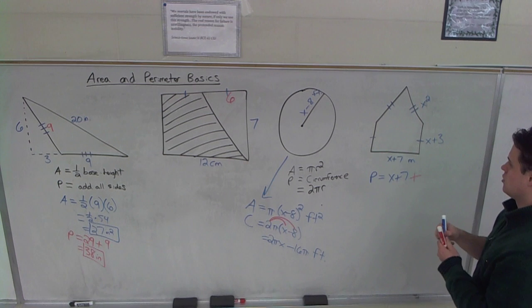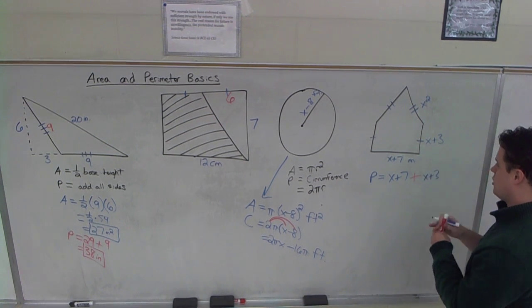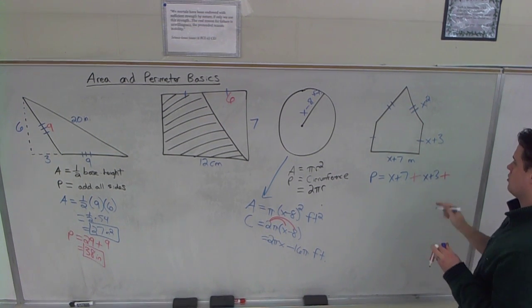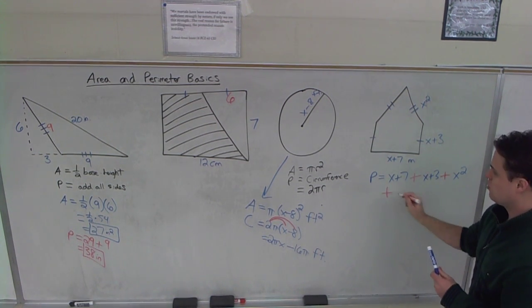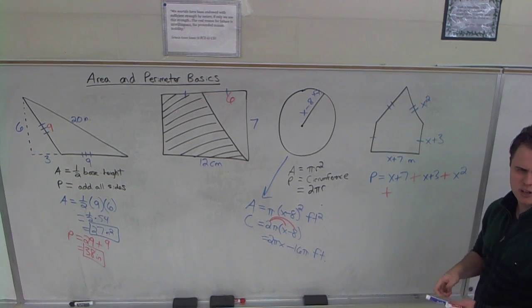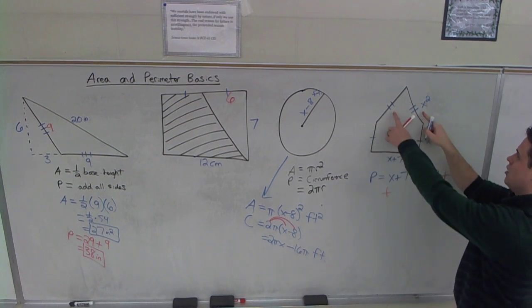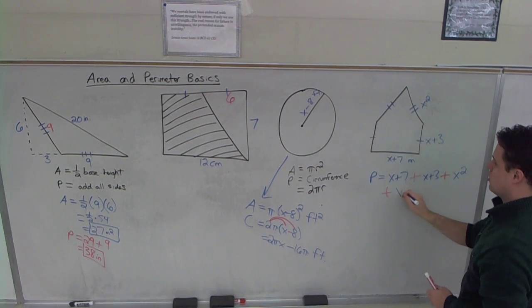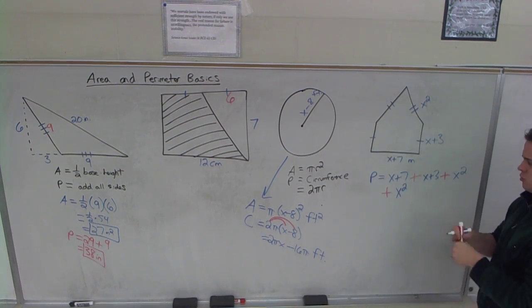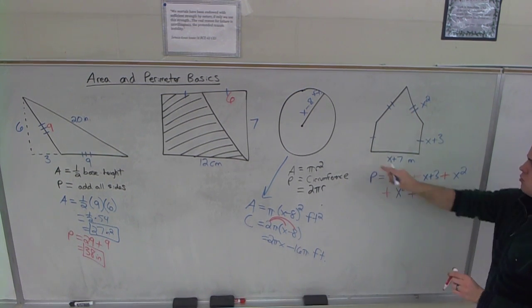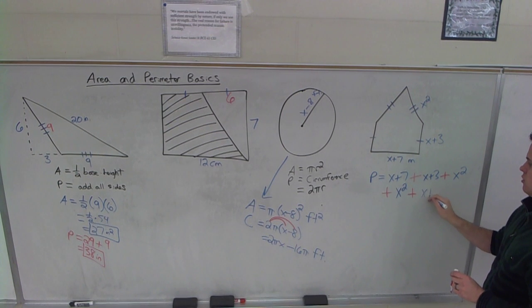Plus, x plus 3 plus, that's only 3 sides. Lindsay, where's your other x squared? X plus 3. Oh, because these two are both, okay. So that one's x squared as well, she's telling me. And then, of course, we need one more thing. X plus 3. One more x plus 3 for over there.